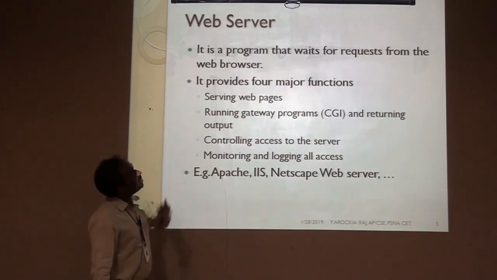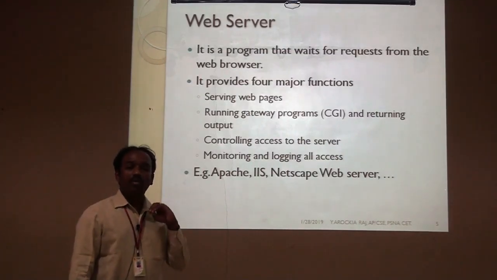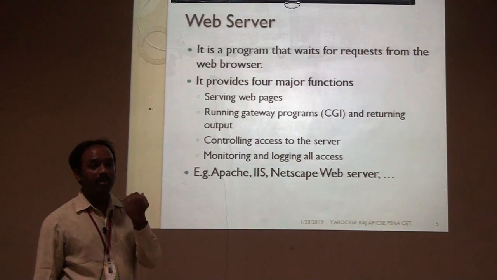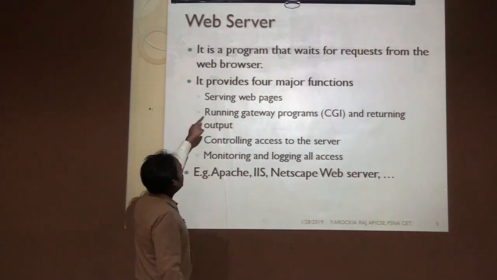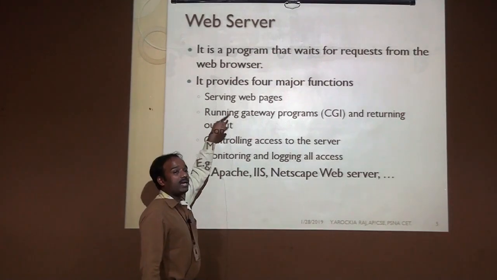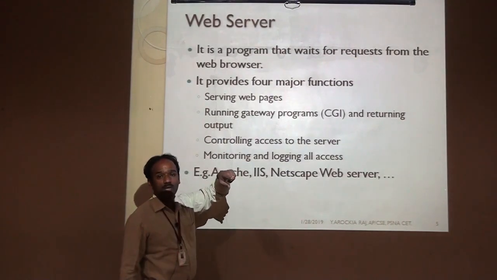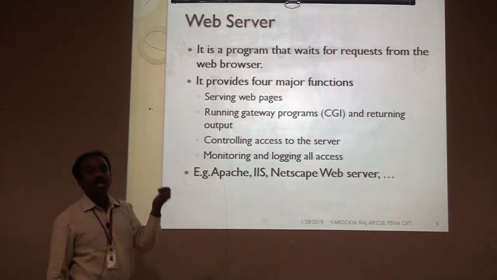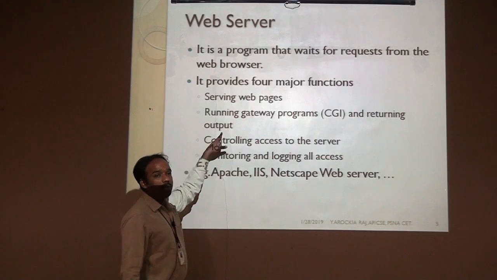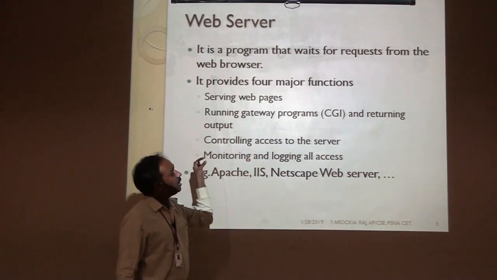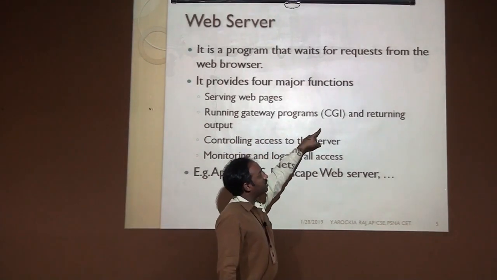What is serving web pages? A lot of web pages are accessed on a particular server at the same time, so the server should serve each and every page request, and only then will it handle all the requests. Second, requests and responses are handled via the gateway, that is CGI.